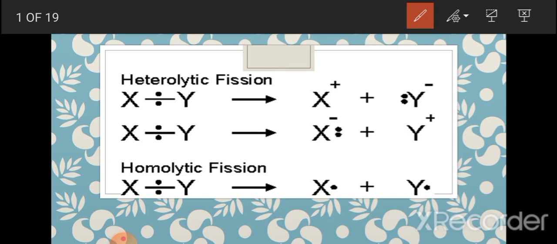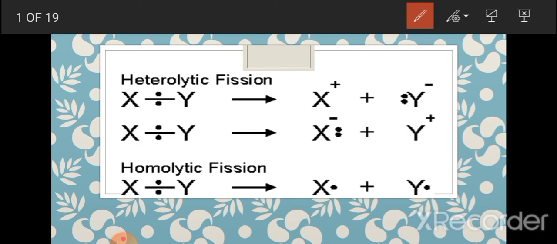Second way, if X is more electronegative, it will drain out the two electrons, acquire the negative charge, and Y will become positive. Third condition, if both the atoms have the same electronegativity, then both the atoms will take one electron and they will cleave. So three possible ways are shown here.